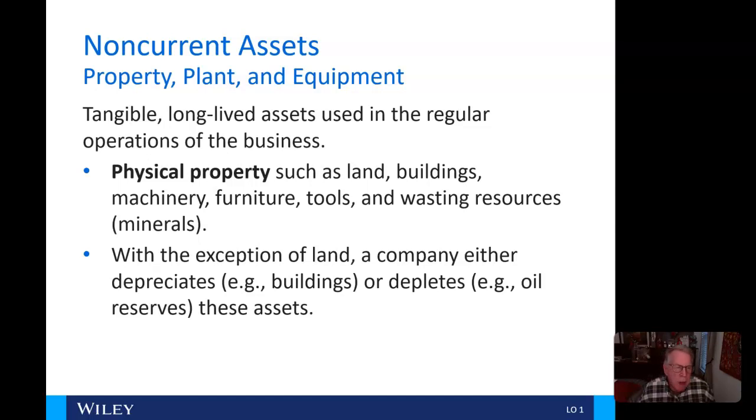And in a mining company, I suppose, wasting resources of gold, silver, minerals. But with the exception of land, a company depreciates them, in the case of buildings and tangible assets. But if you have a mining operation, you would deplete those assets, such as gold and silver and oil reserves in this case.